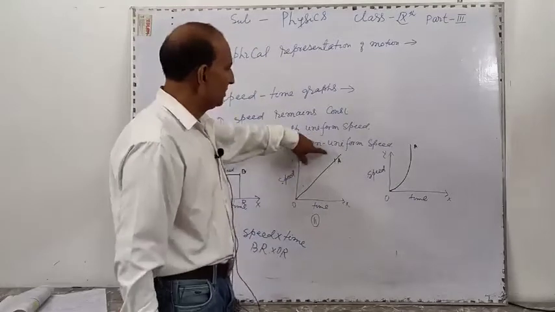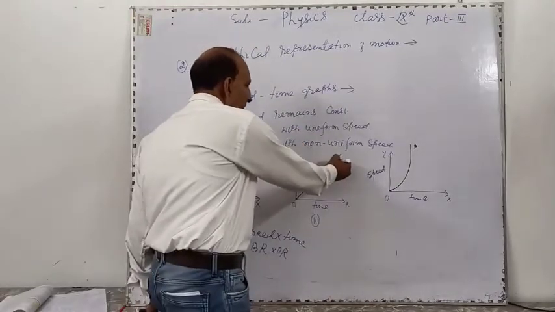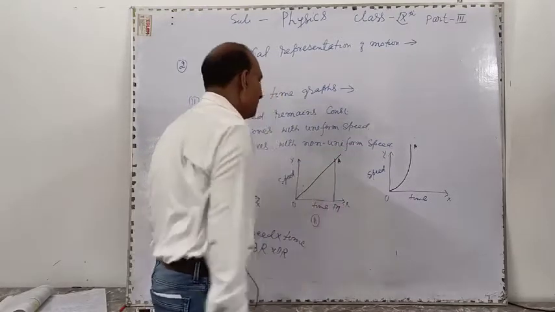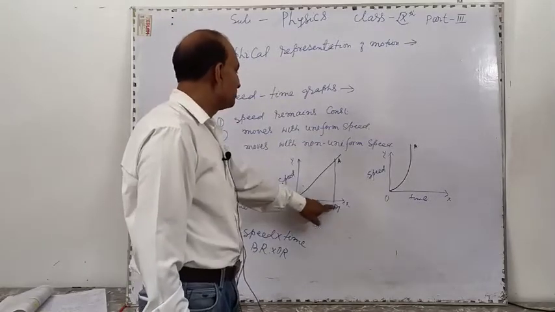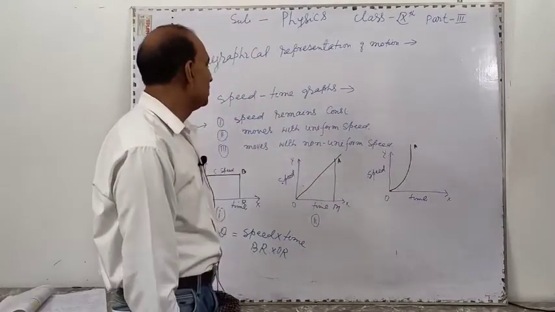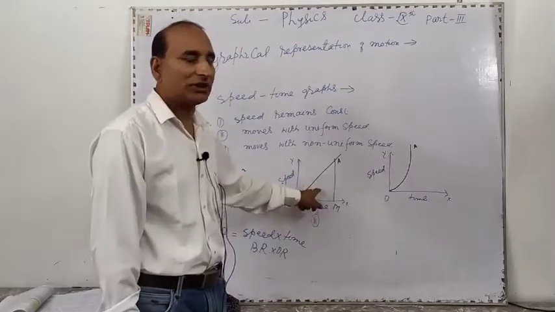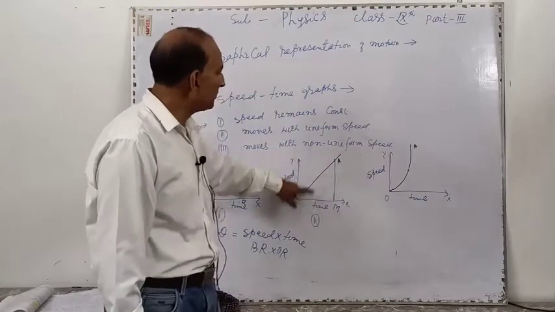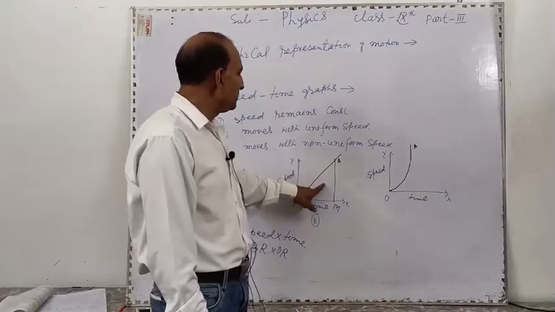For this, we take a point A on the graph and we draw perpendicular AM from A on the time axis. Therefore, triangle AOM is a right triangle. The distance covered by a moving object is the area enclosed by the graph and the time axis.